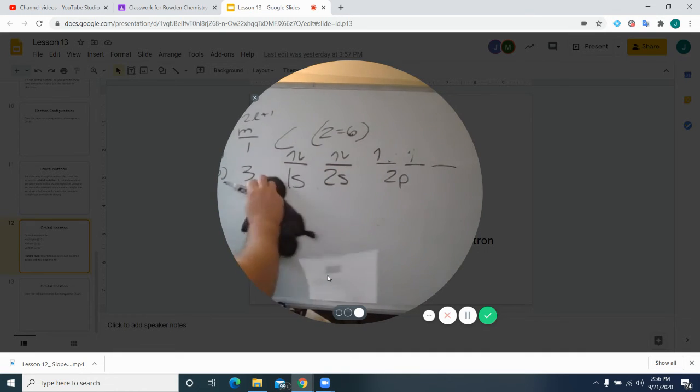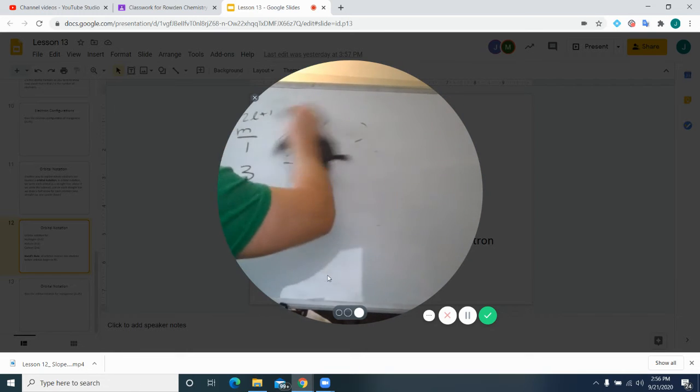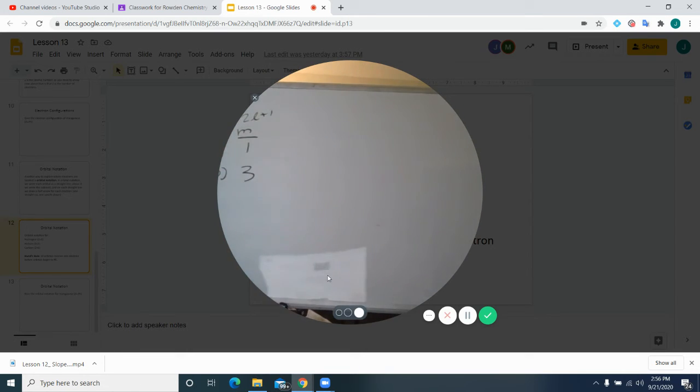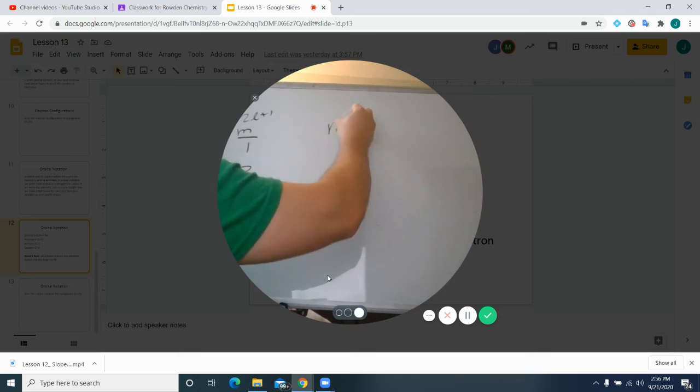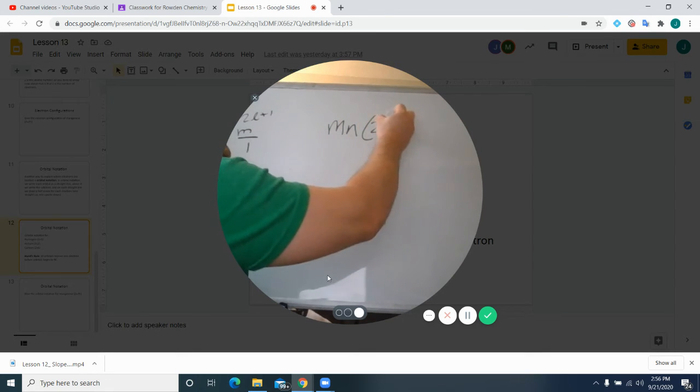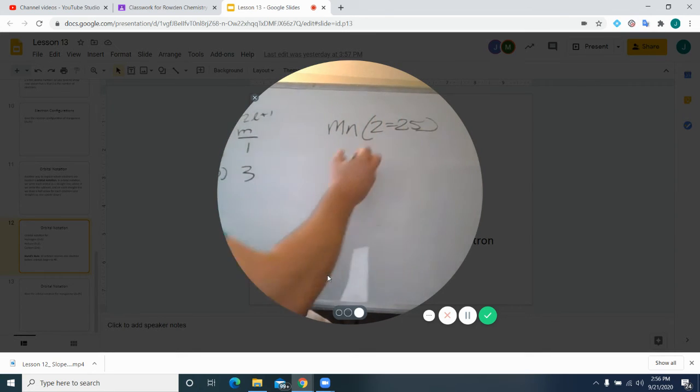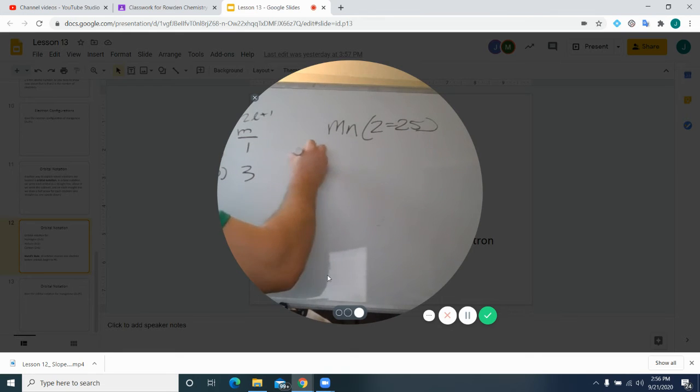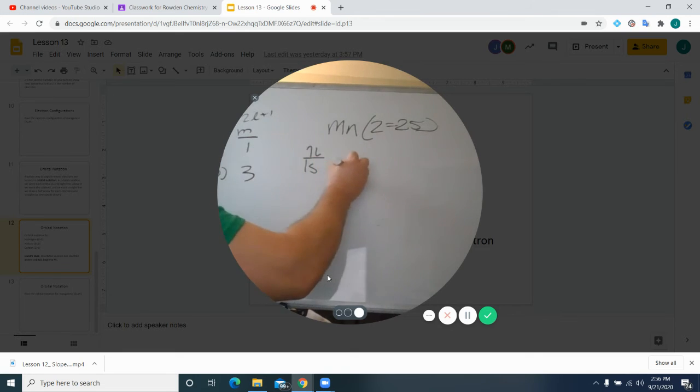Okay, let me do one more example, and then I think you guys should be able to do this. So we'll do manganese, Mn, which is Z equals 25. So we'll do 1s. We'll do 2s. We'll do 2p.